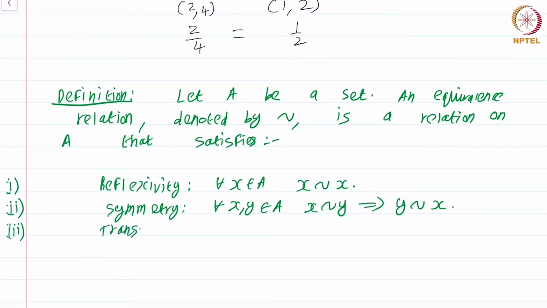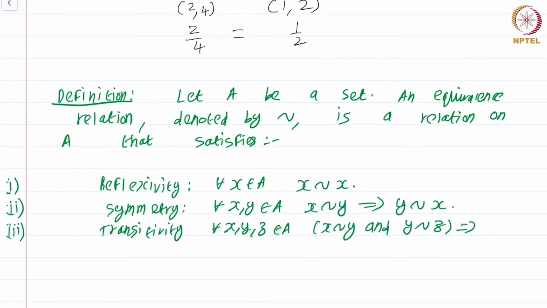Transitivity says that for all x, y, z in A, x related to y and y related to z implies x related to z. So this is the notion of an equivalence relation. It is a special relation on a set that is reflexive, symmetric and transitive.